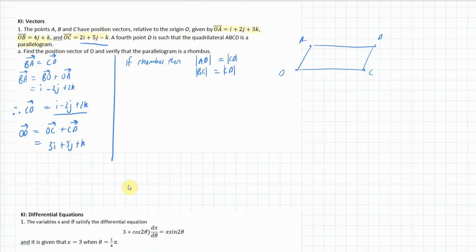Okay, now, so let's find CD. So CD equals, and we can take the vector that we've just found here and find the modulus. So it's the square root of 3 squared plus 3 squared plus 1 squared, which is 9, 18, 19, square root 19, I think. Is that right?